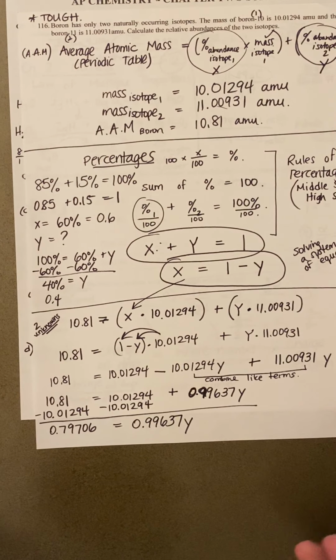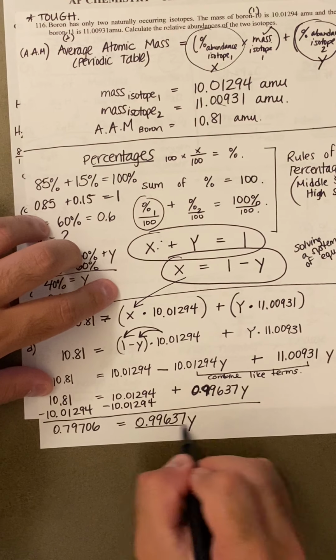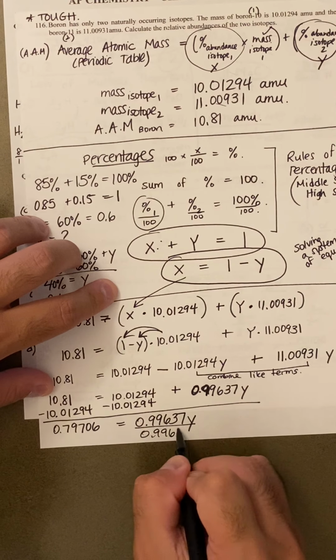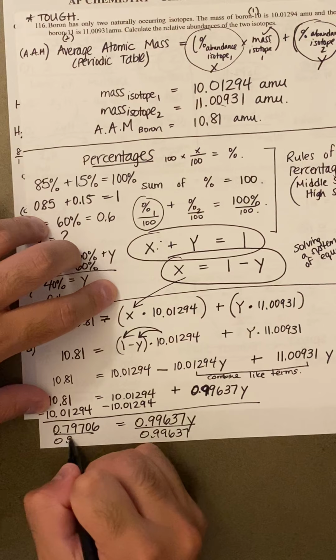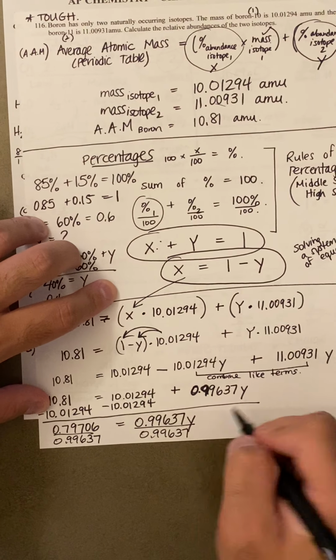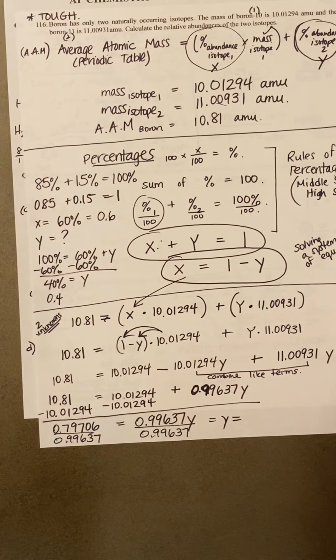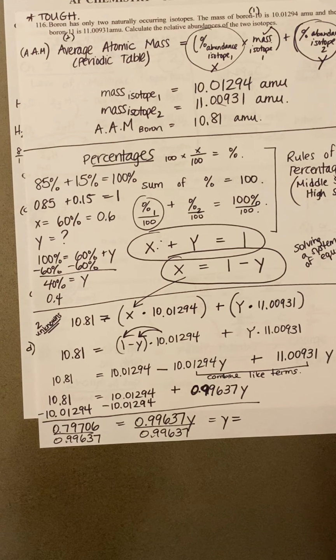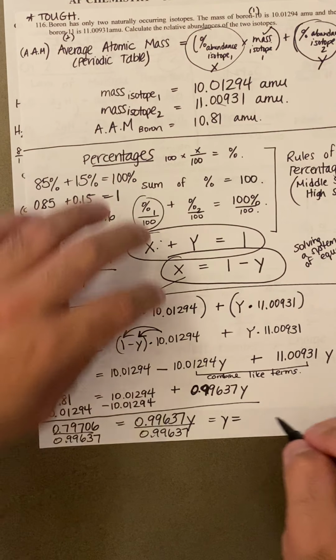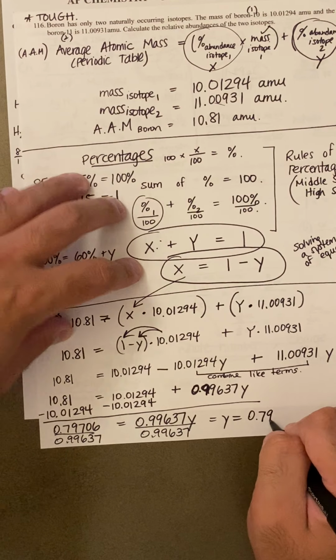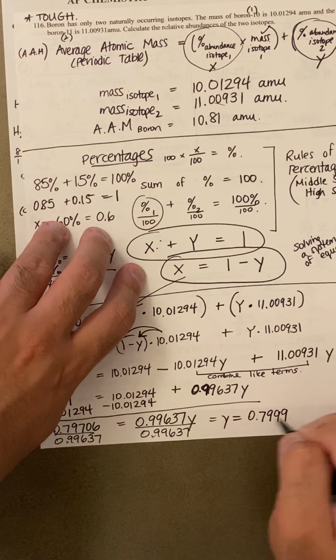And if I want to solve for y, I divide both sides by 0.99637. If I do this, 0.79706 divided by 0.99637, I get y equals 0.7999.